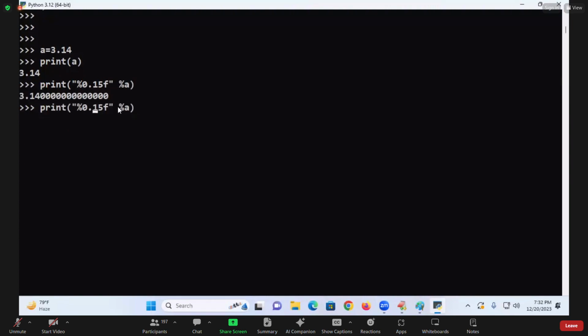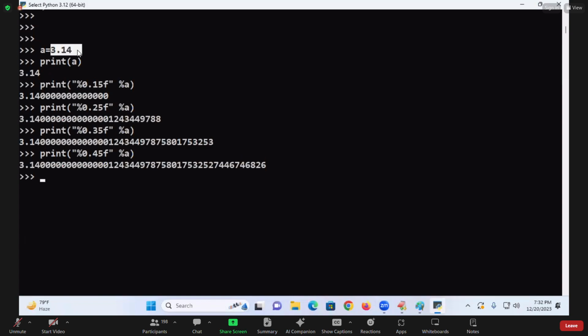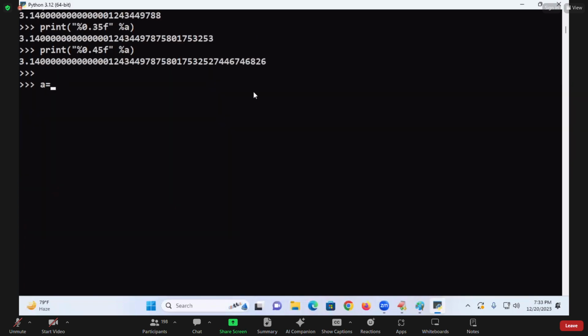I am increasing the depth of the decimal places. See that after the 000, some more digits are present. I will write 35, and some more digits are available. Now I will write 45. Of course, you cannot understand what sir is doing, but 3.14 is not exactly 3.14. Internally, it has deeper decimal places.